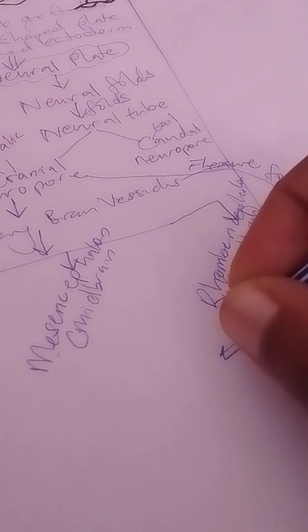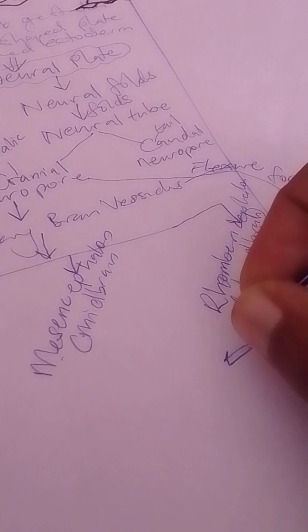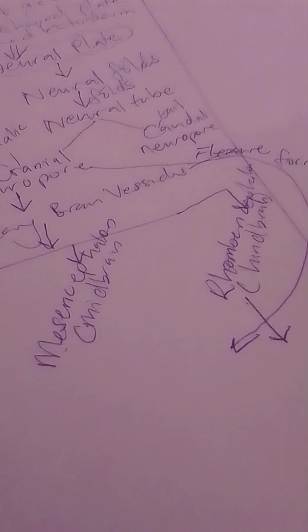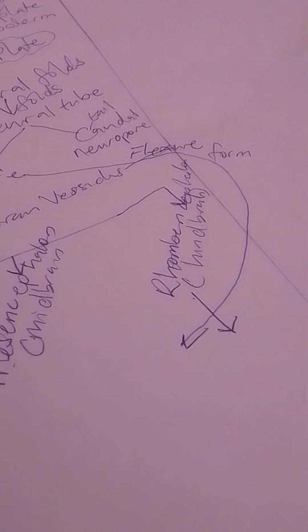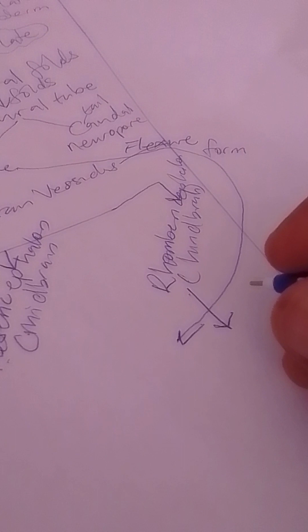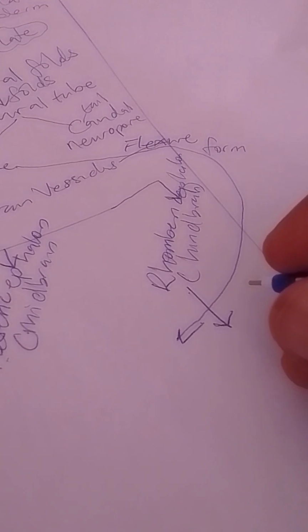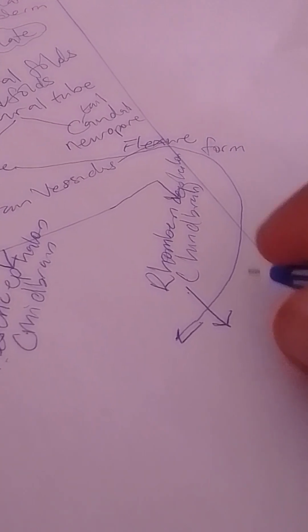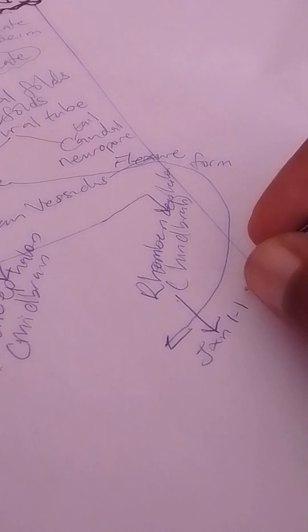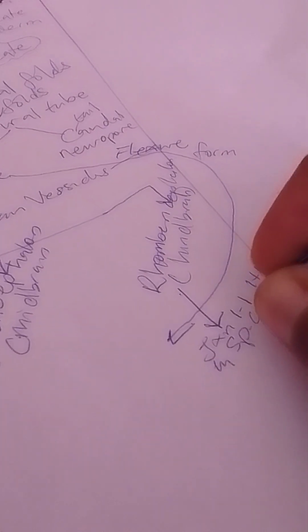So it's going to form a flexure around the cranial end, and it's going to form those flexures at 2 points. So the first one will be at the rhombencephalon, or at the hindbrain. So it's going to form a flexure at the junction between the hindbrain and the spinal cord.